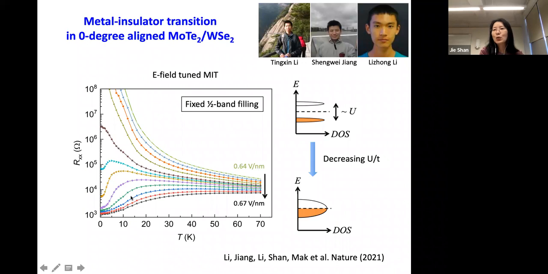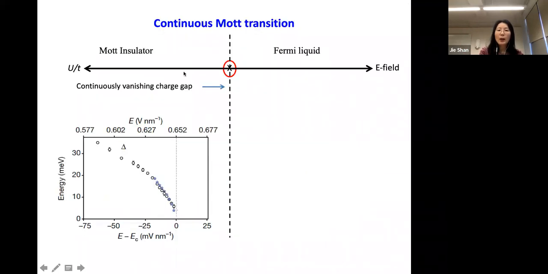We like the T squared dependence because for a Fermi liquid, that's one of the signatures. So you can analyze the data a little bit better. You can also collapse all the curves into two groups, insulating behavior and metallic behavior. Now when we change the electrical field, we are changing the U over T ratio.